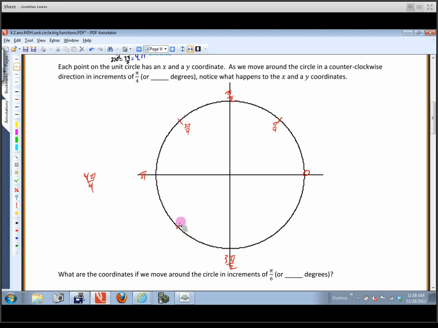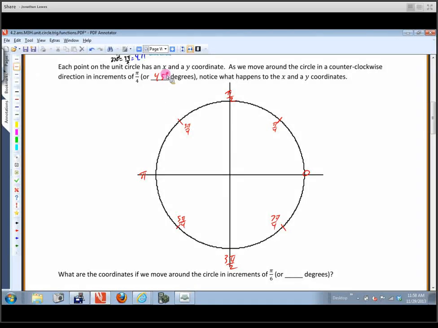This is going to be 5 pi fourths, 6 pi fourths, which would cancel, will be this. This is going to be 7 pi fourths, and then all the way around the circle would be 8 pi fourths, or that would be 2 pi. So we're all set to go there. We've marked that. You've got to get used to radian measurement here, but if you want to think of this in terms of degrees, we're talking 45 degrees.